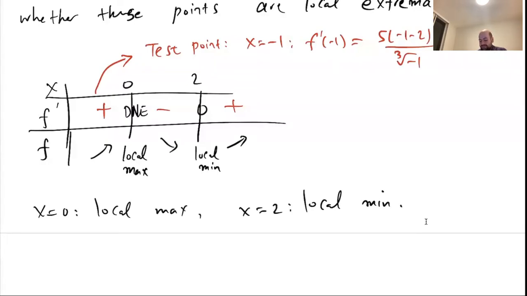And so f double prime of 0 does not exist, so we cannot apply the second derivative test for x equals 0. For x equals 2, that's okay, we can use it to verify that it's a local minimum, but for x equals 0, we cannot.